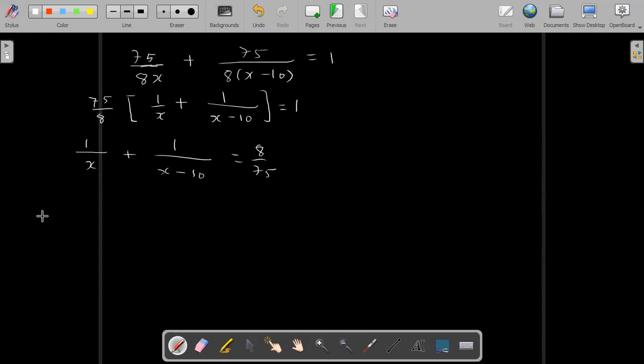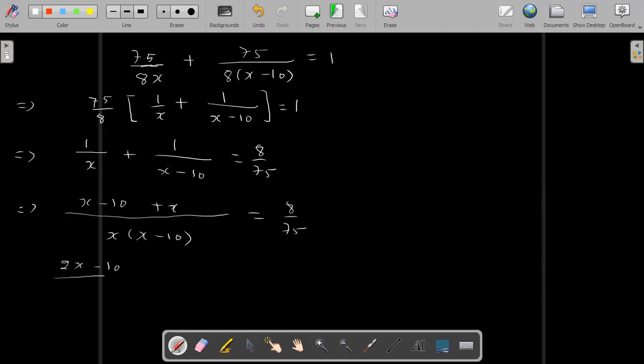Now you can take the LCM. So LCM is x into x minus 10. This x minus 10 will come here, x minus 10 plus x. Now x plus x, it will become 2x minus 10 divided by x into x minus 10 is equal to 8 by 75.